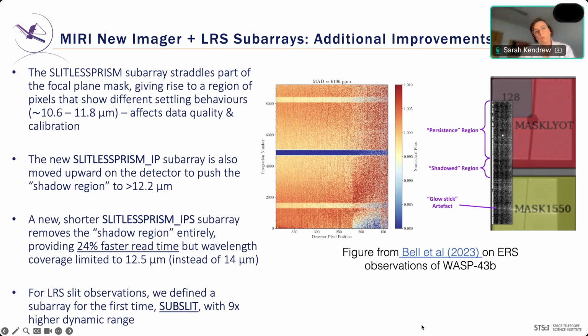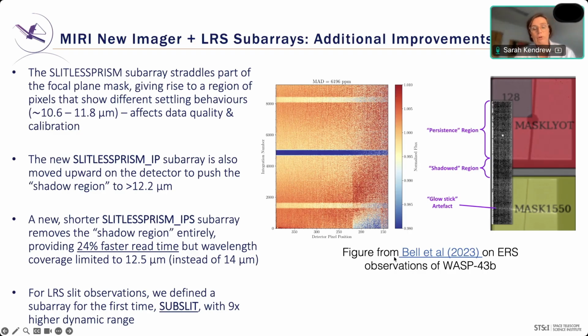So when we were redefining the new slitless prism IP subarray, we actually moved it up as well, so that this problematic region is now in a part of the spectrum where our signal to noise is quite poor anyway, more towards the red end of the spectrum.